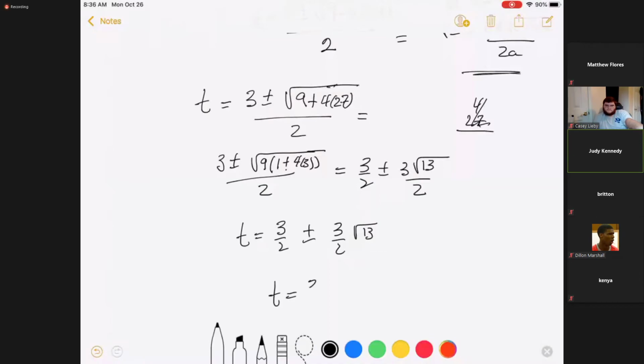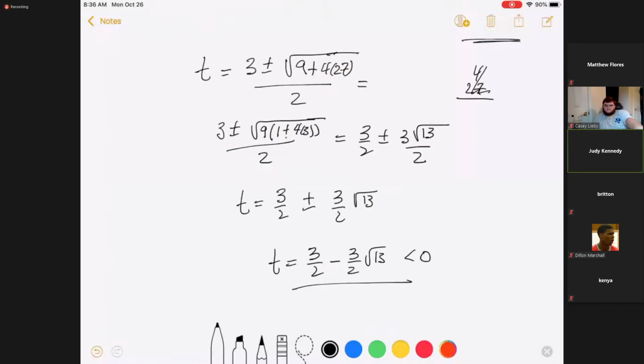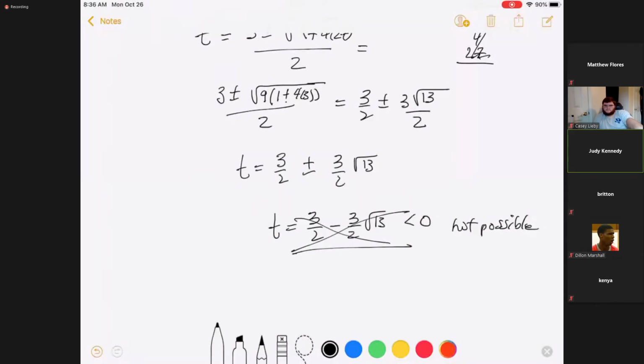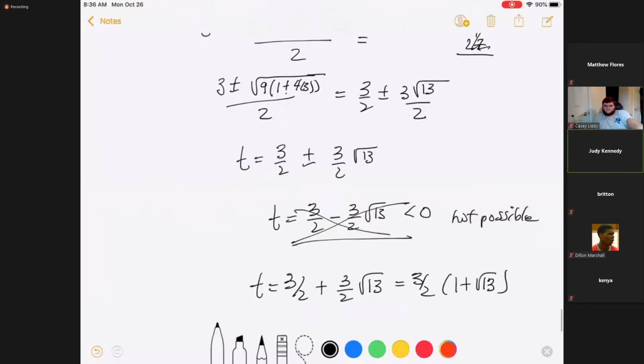T equal to 3 halves minus 3 halves times the square root of 13 is less than 0. So I can eliminate that. It's not possible, not when t starts at 0 for the problem. So that means we only get 1 t, which I could write as 3 halves times 1 plus the square root of 13.